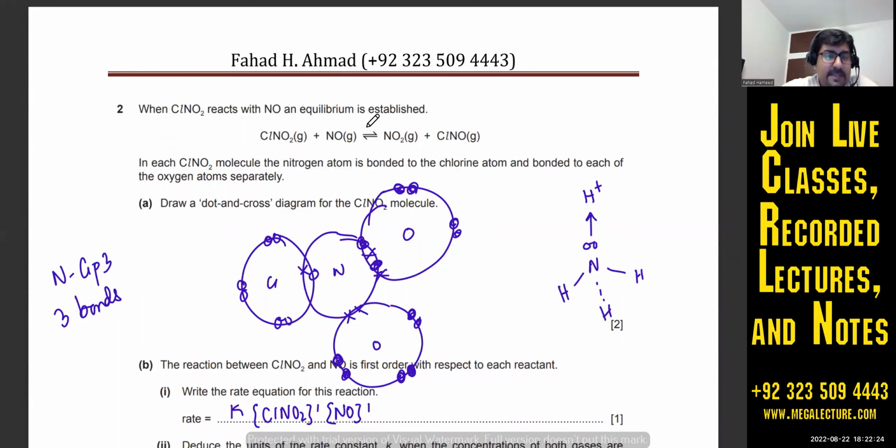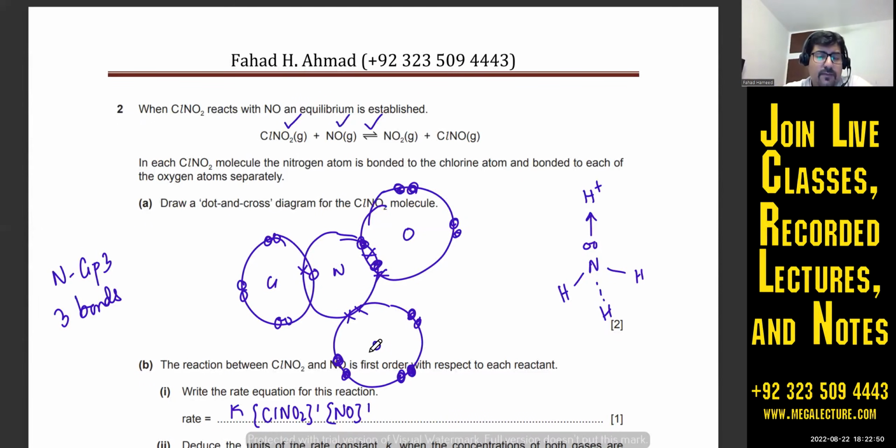So if this is the only step, then the reaction depends on only that step. There's only one step, right? उसको slow step तो नहीं कहेंगे because slow is in comparison, right? But since there's only one step, then that is the only step that determines the rate of the reaction. So that is your rate determining step. So the rate of the reaction will depend only on that step, right? So it will depend on NO's concentration, it will depend on ClNO2 concentration.